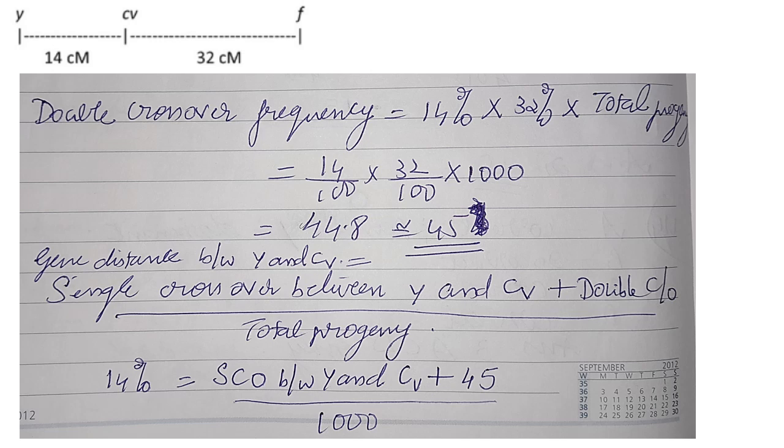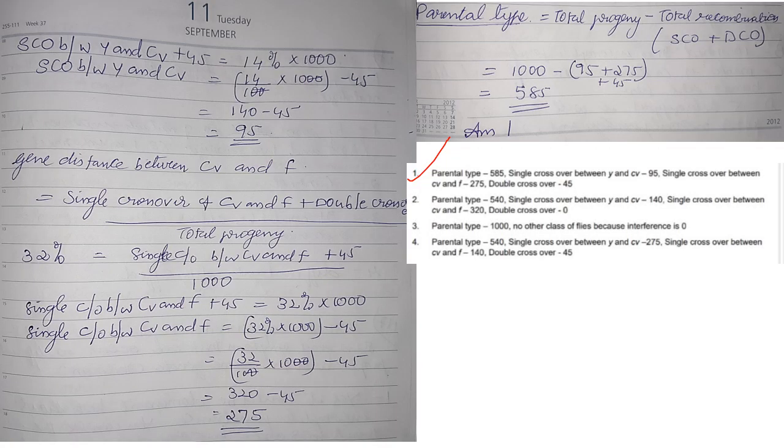So gene distance between Y and CV is single crossover between Y and CV plus double crossover divided by total progeny. So 14% is equal to single crossover between Y and CV plus 45 divided by 1000. We have to calculate the single crossover between Y and CV. That will give the answer as 95.